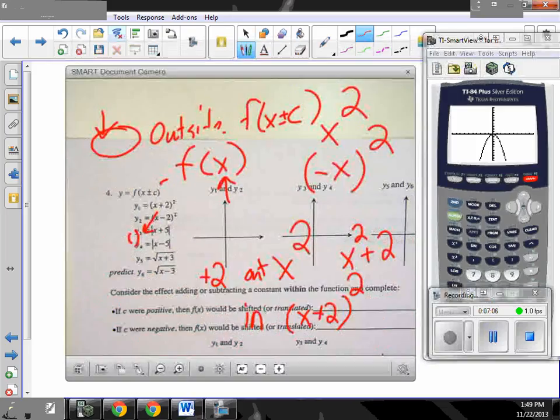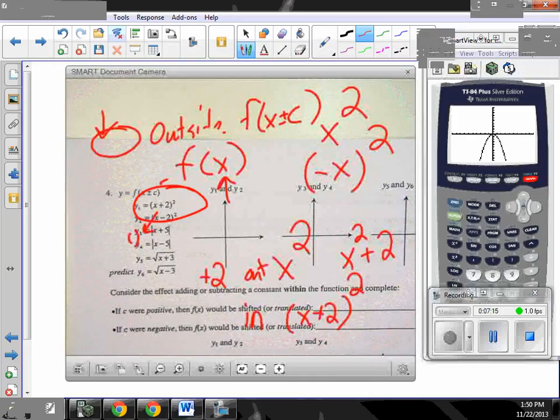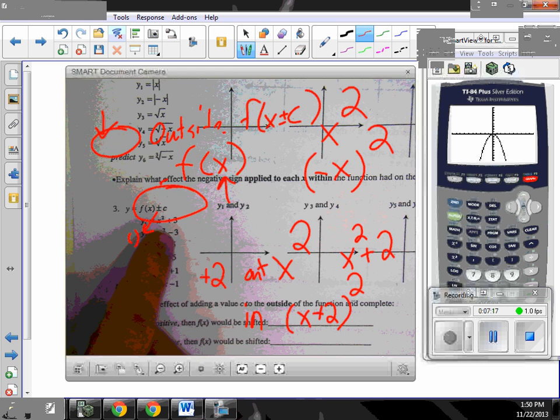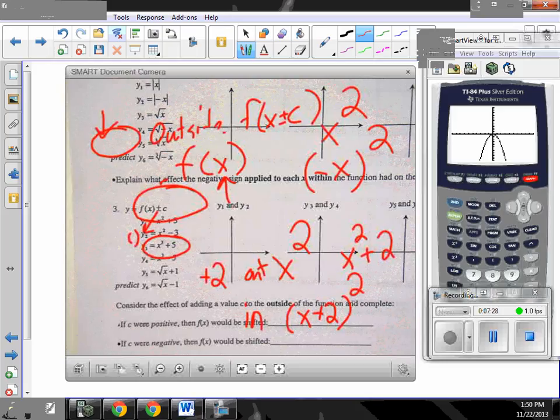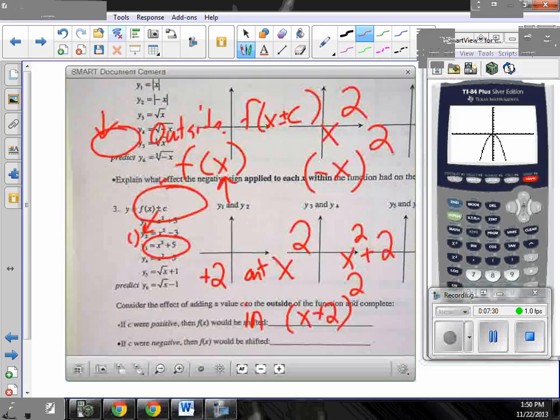You will. That's where we're headed. But it's nice. It tells you exactly what it should look like. But notice how that happens on the inside. You just type in what's there, and notice that happens on the outside. I'm just highlighting that they do two different things. X squared plus 2 is different from x plus 2 squared. Okay?